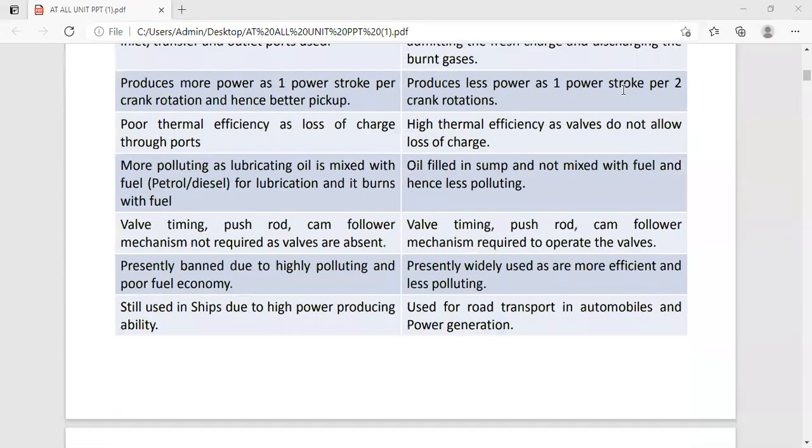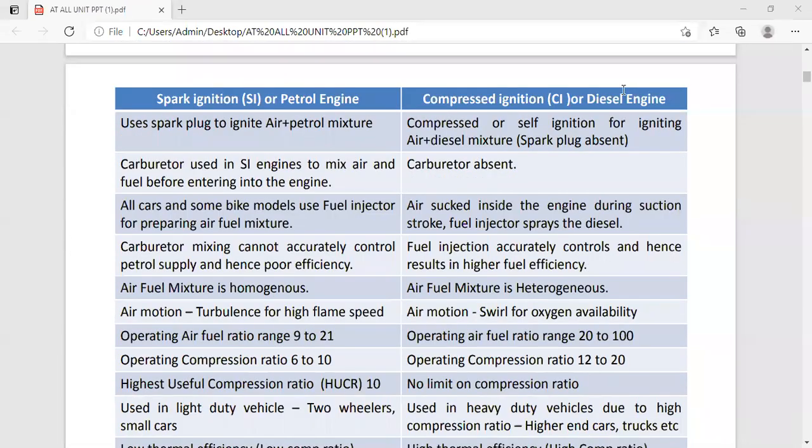Out of these SI and CI engines and two-stroke and four-stroke engines, one differentiation will be asked in the theory examination. First, in the spark ignition engine, we use a spark plug to ignite the air fuel mixture. In the combustion chamber, as the air fuel mixture is introduced, it is ignited by the spark.